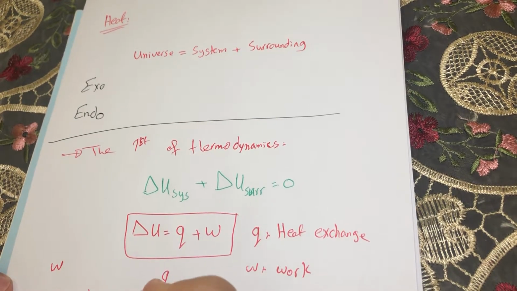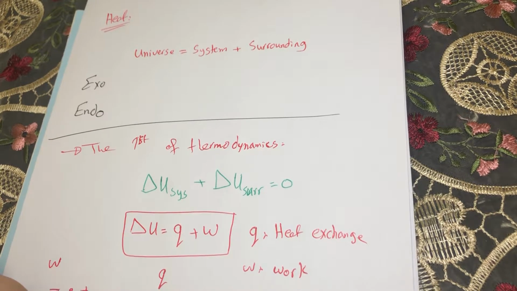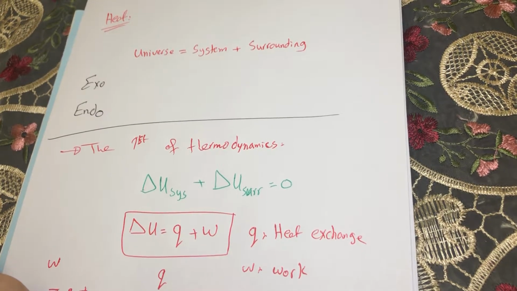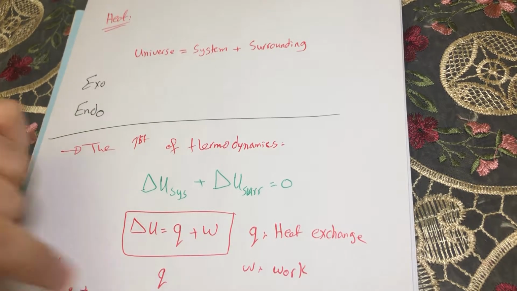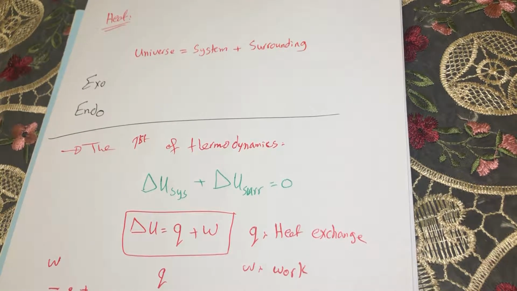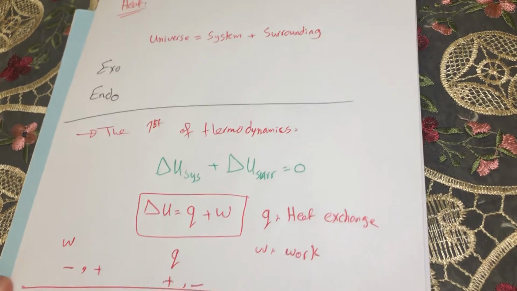But for Q, heat absorbed by the system from the surrounding, so in an endothermic process it should be positive and in an exothermic process it should be negative. Please make sure about these signs to make calculations.